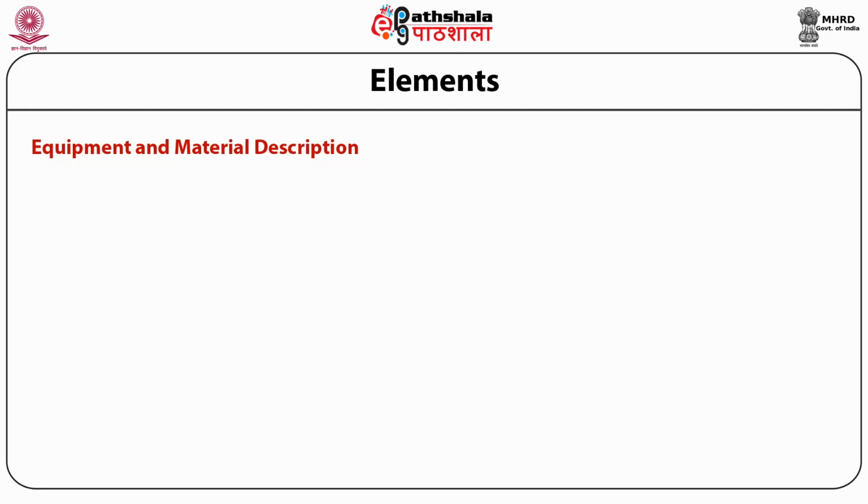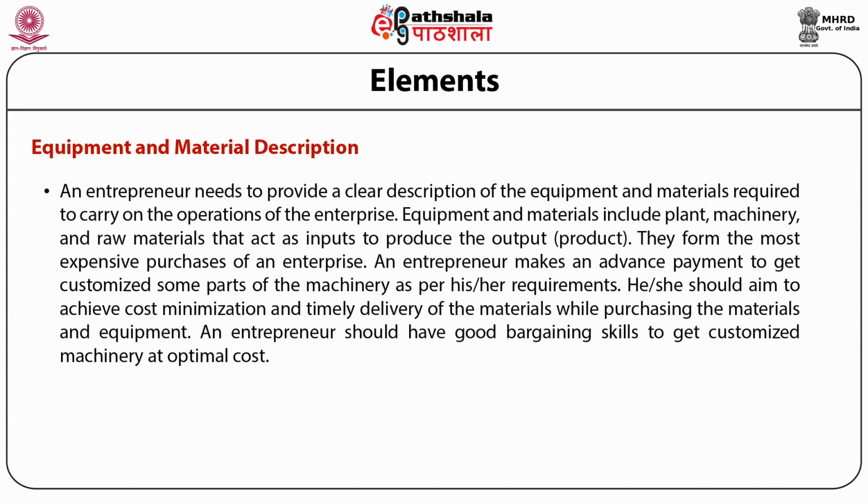Equipment and material description. An entrepreneur needs to provide a clear description of the equipment and materials required to carry on the operations of the enterprise. Equipment and materials include plant, machinery, and raw materials that act as inputs to produce the output, that is, product. They form the most expensive purchases of an enterprise.